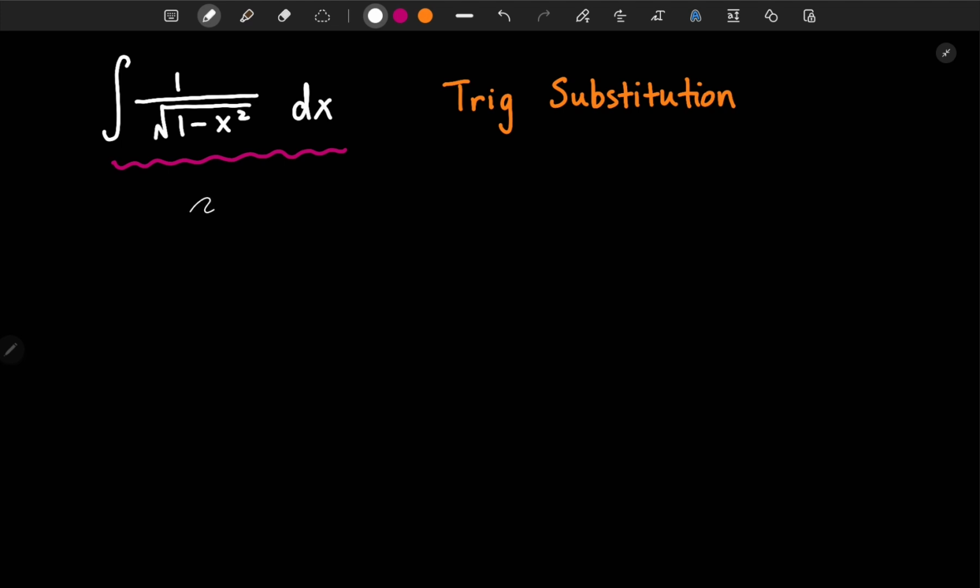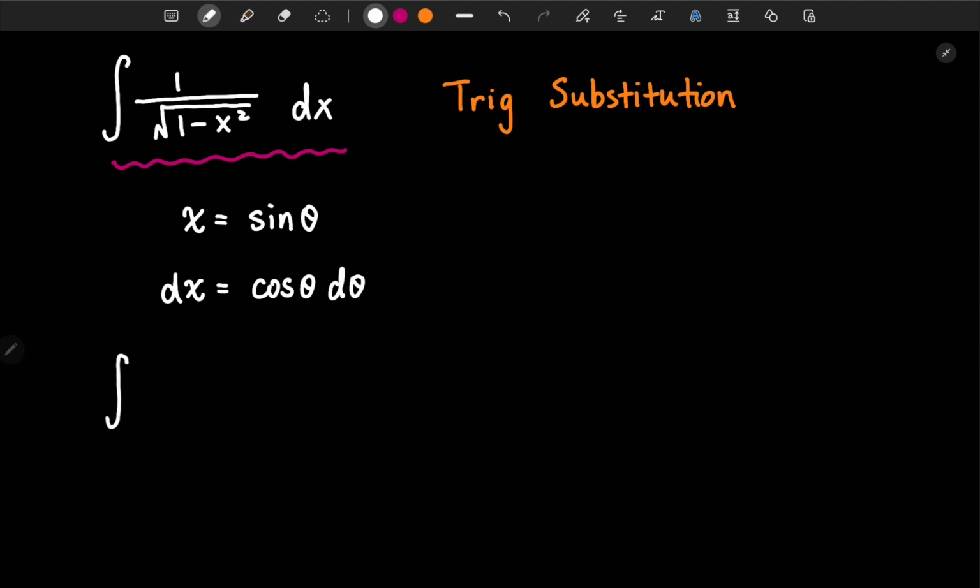So first, let's set x equal to sine of theta. And our dx in this case will be the derivative of sine theta, which is cosine theta d theta. Let's transform the integral we have.